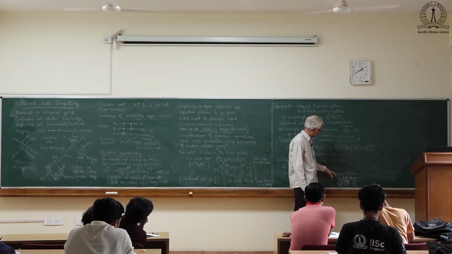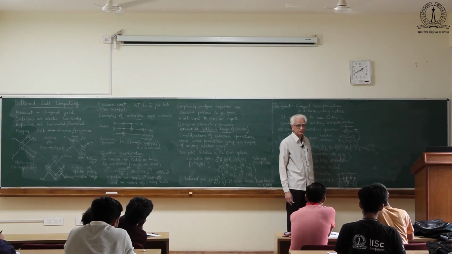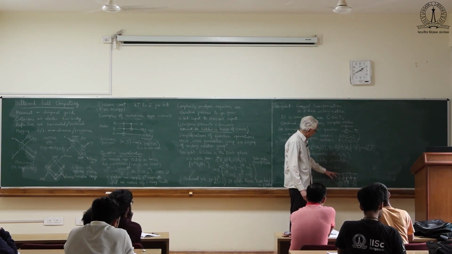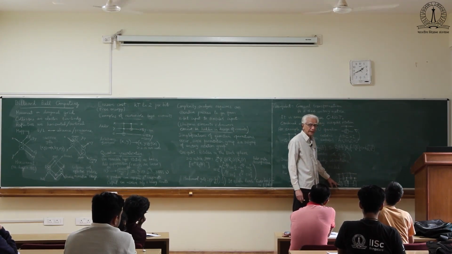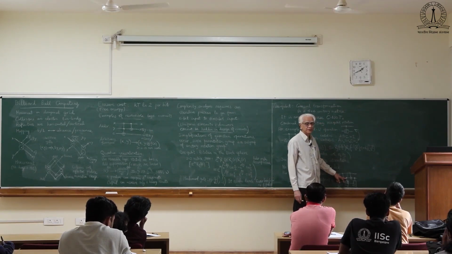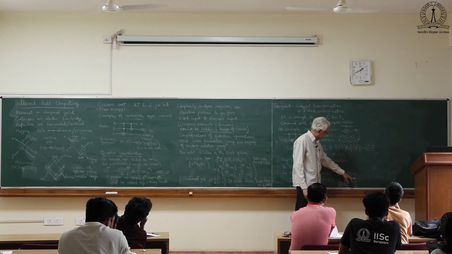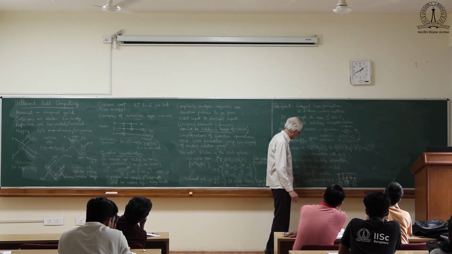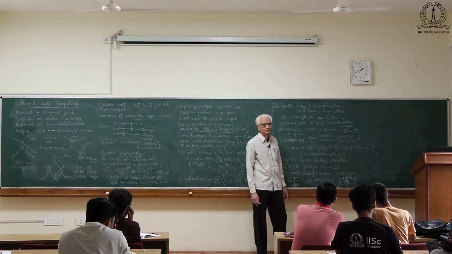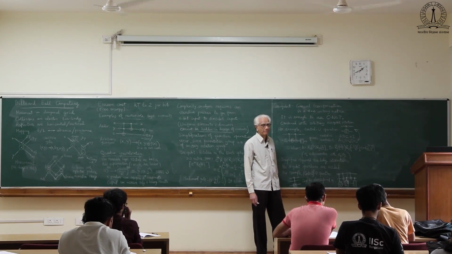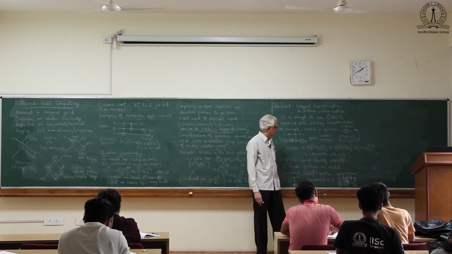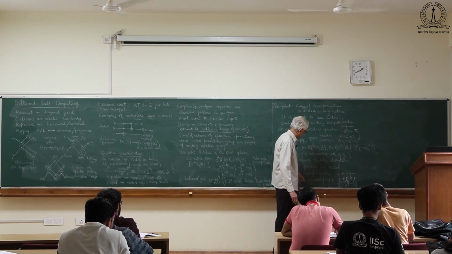The non-trivial part is when both of them are equal to 1. So when both are equal, this U is going to act. This is going to become 0, so this is not going to act. And this will again act. So the operation you have is U square. So what do we have here?